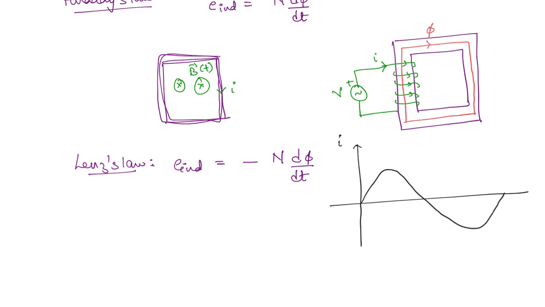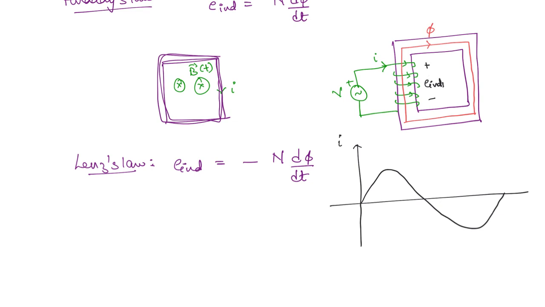So the induced EMF should be such that it opposes the change in flux. This flux is going to cause an induced EMF across this winding. So what is that induced EMF? It is going to be like this. We will take it as 1, so that this is the first winding. So we have an induced EMF here. Why did we take this polarity?